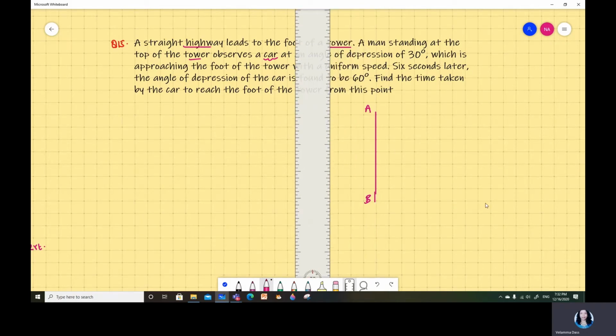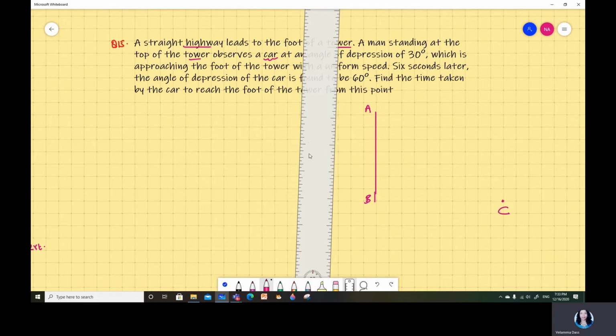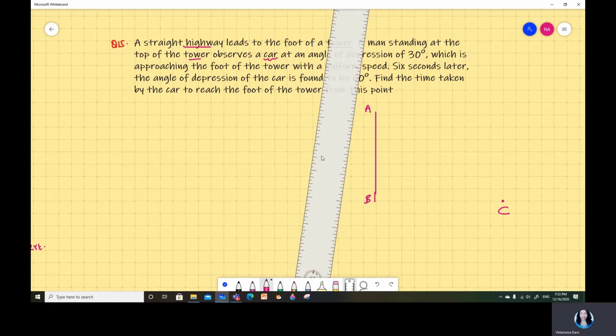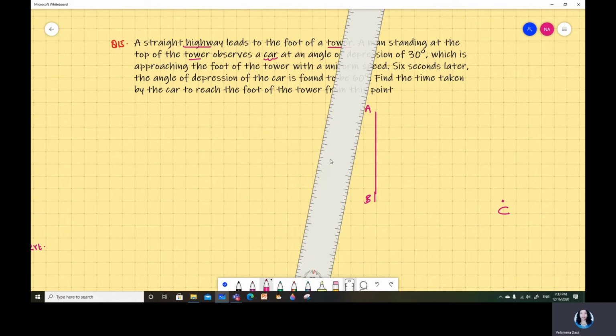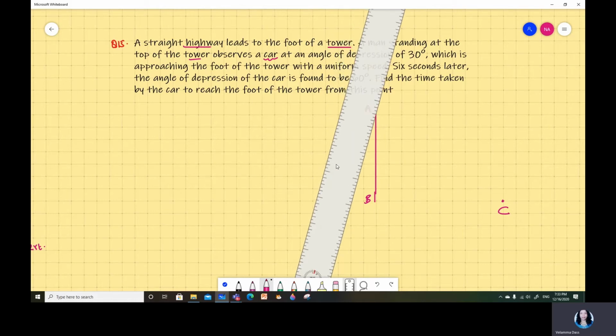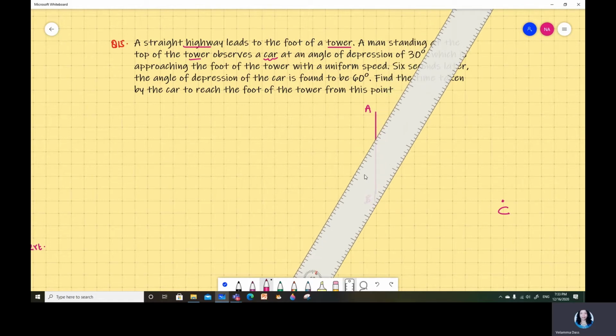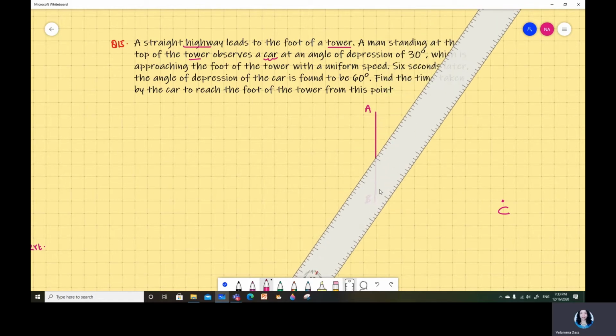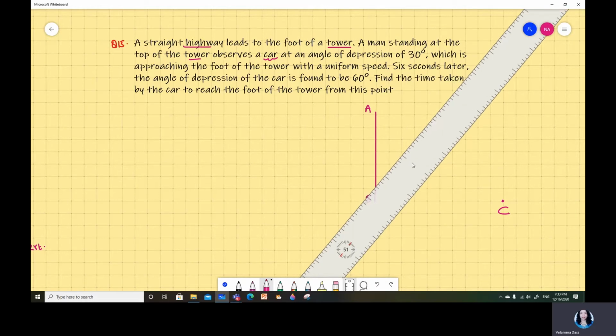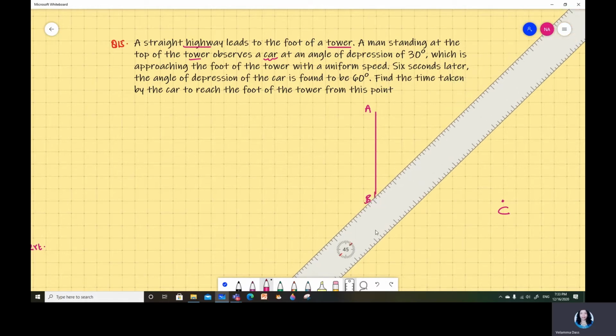So there is a car, and let's assume the car is at C. C is the point of the car, and the person standing is observing this car from the point A. So we will draw the angle of depression because the person is at the top, so he has to lower his head. First let us draw the horizontal level so that we don't miss out the diagram, right? So let's draw first the horizontal level. The horizontal level will be from the point A.